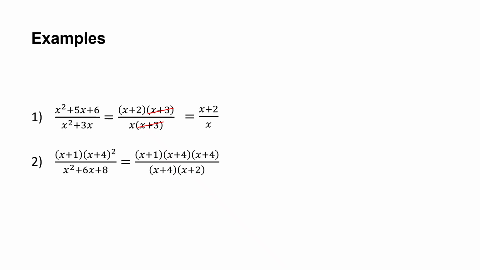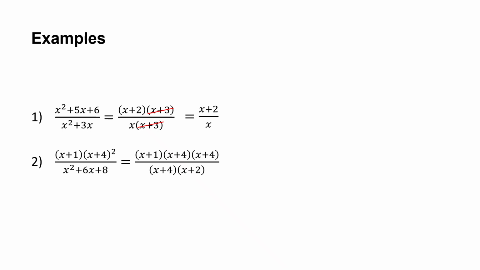For the next example, we have x plus 1 times x plus 4 squared divided by x squared plus 6x plus 8. What I've done here is whenever I have a squared term, I just like to write it out as 2 brackets just to make it a little bit clearer. So x plus 1, x plus 4, x plus 4 as the numerator.